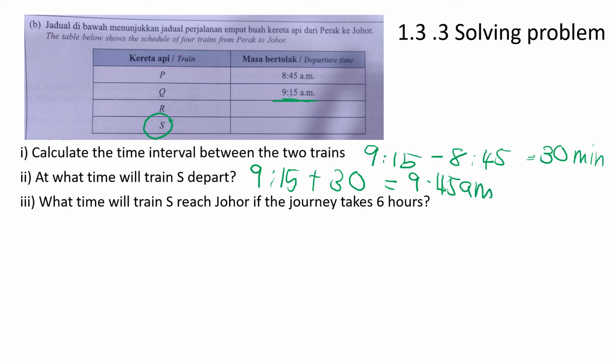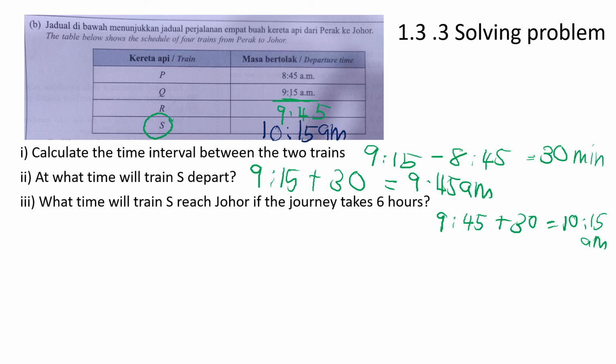After we know the departure of train R, we can calculate the departure for train S. 9:45 plus 30 minutes equals 10:15 am. So, this is the time that train S will depart.